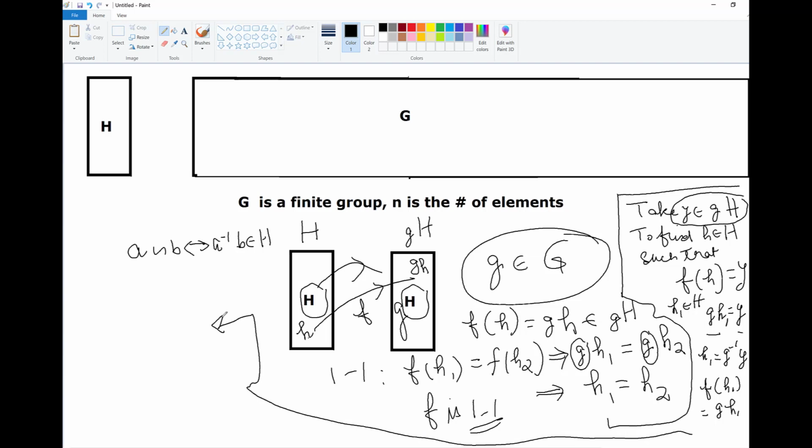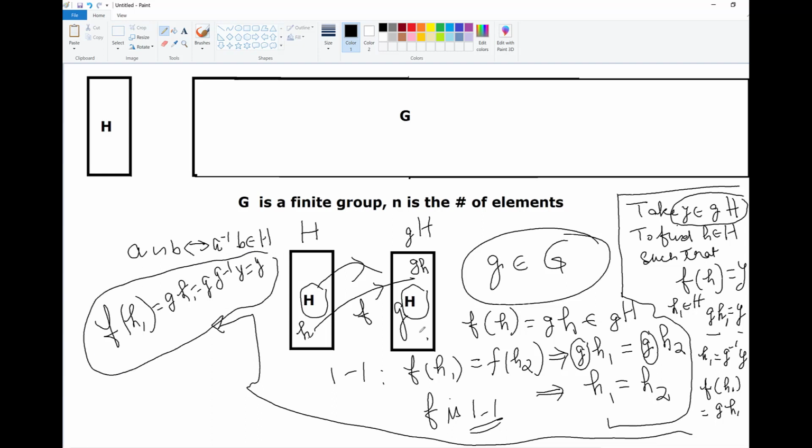Okay, so what we found is that f of h1 is gh1, that is g g inverse y, and that is y. So what happened is, for every y in this coset, we have found an element in the subgroup that is carried over to this element, right? So this will mean f is onto.